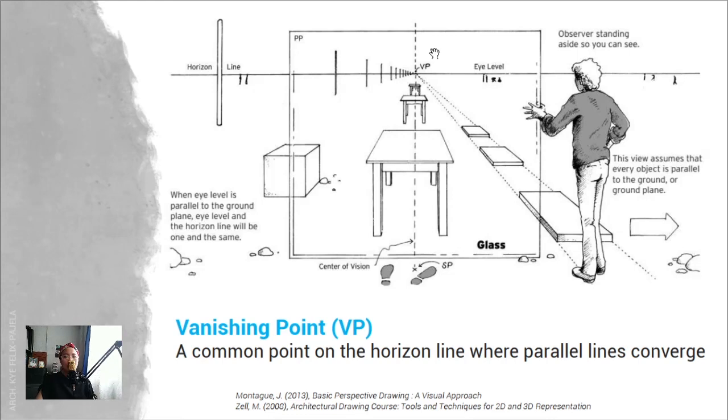So, this is what you call a one-point perspective, because there is only one vanishing point. But we also have perspective drawings that use 2 vanishing points and 3 vanishing points. So, they are named 2-point perspective and 3-point perspective respectively. Okay? That will be discussed in our future lectures.